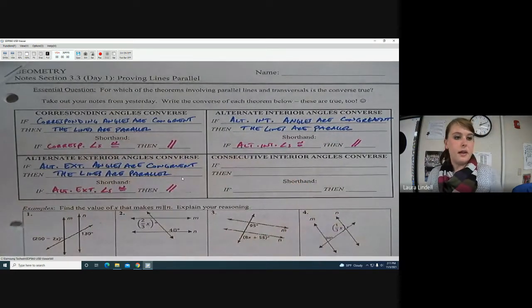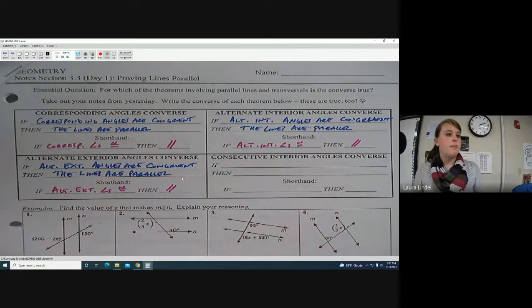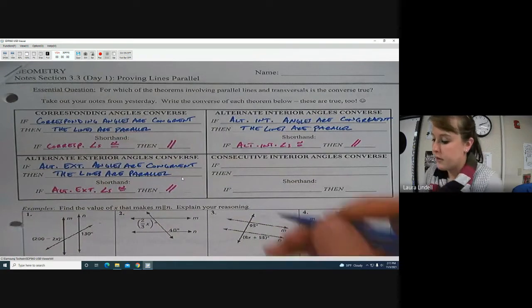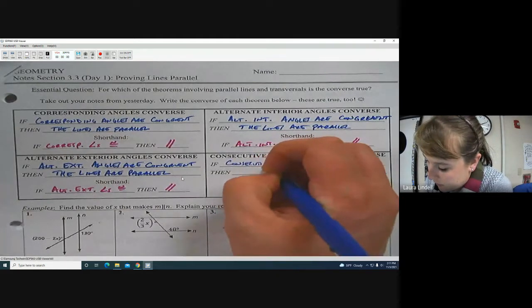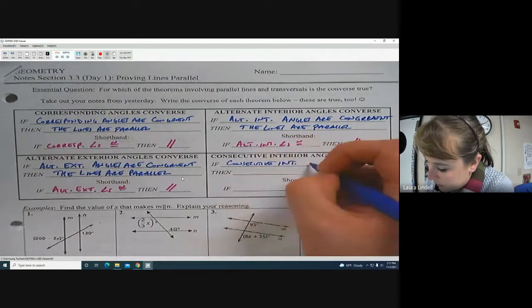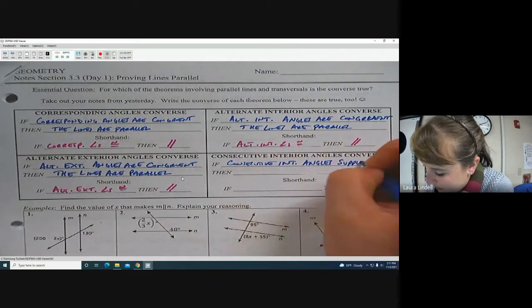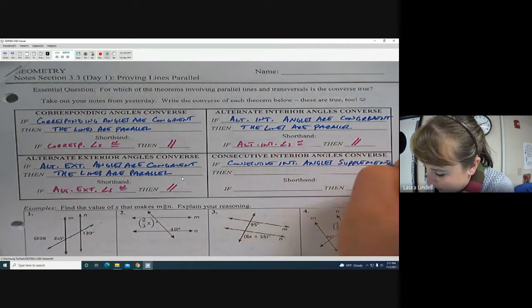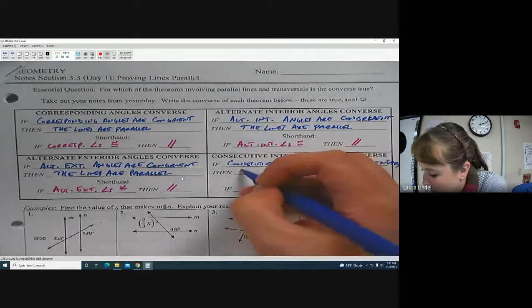And then, of course, same thing for consecutive interior angles, converse, except remember, consecutive interiors were supplementary. They were not congruent. So if consecutive interior angles are supplementary, running out of room, supplementary, then the lines are parallel.